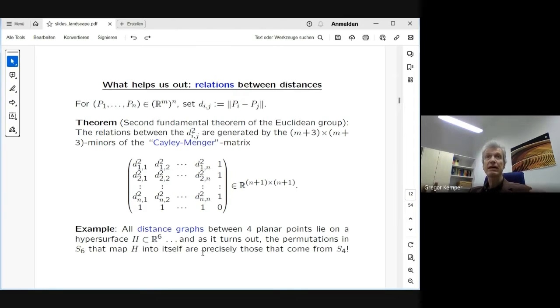But since both sets of edges come from an actual 4-point configuration, both lie in H, and that means that for most point configurations, it is in fact true that the only permutations that map the mutual distances onto each other come from S4, so they are the good ones.